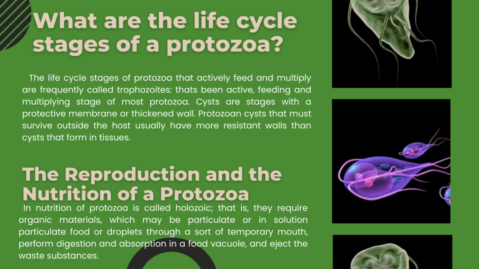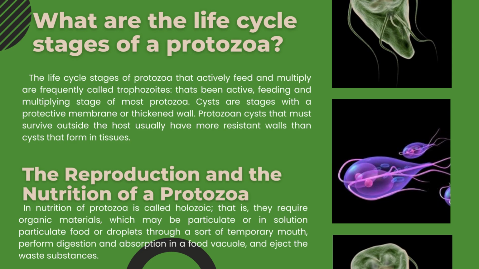The life cycle stage of protozoa that actively feeds and multiplies is frequently called the trophozoite. That's the active feeding and multiplying stage of most protozoa. The cysts are the stage with a protective membrane or thickened walls.